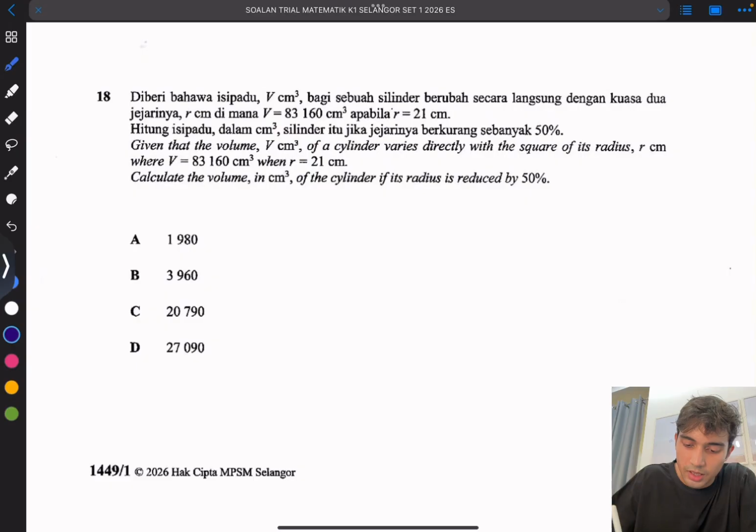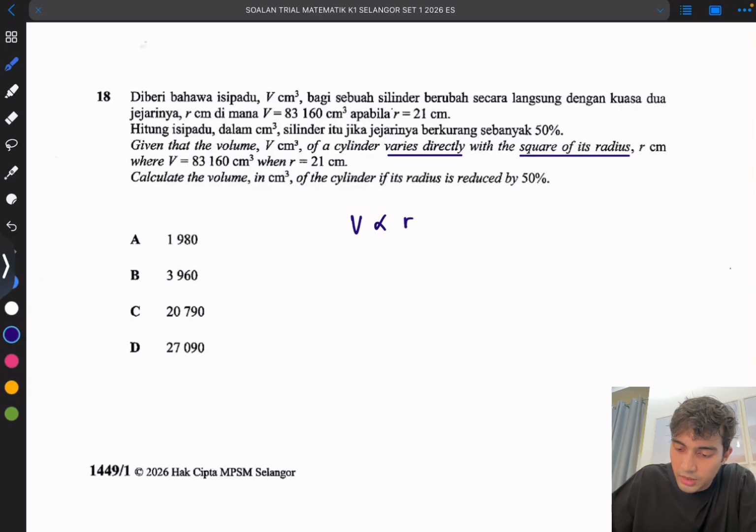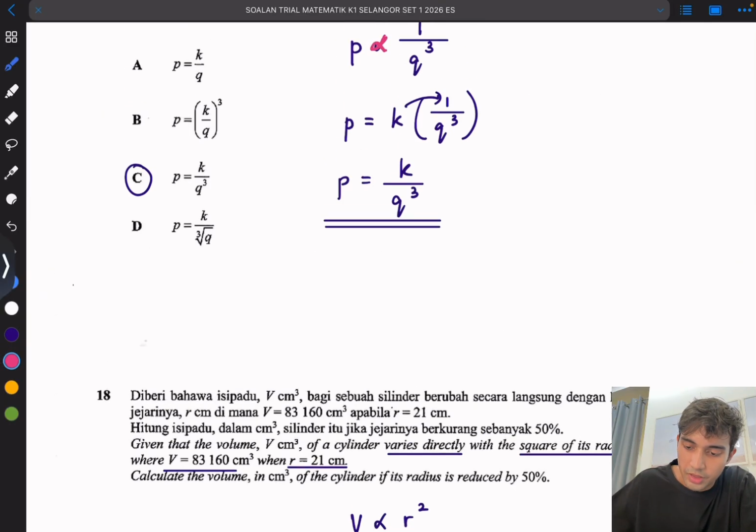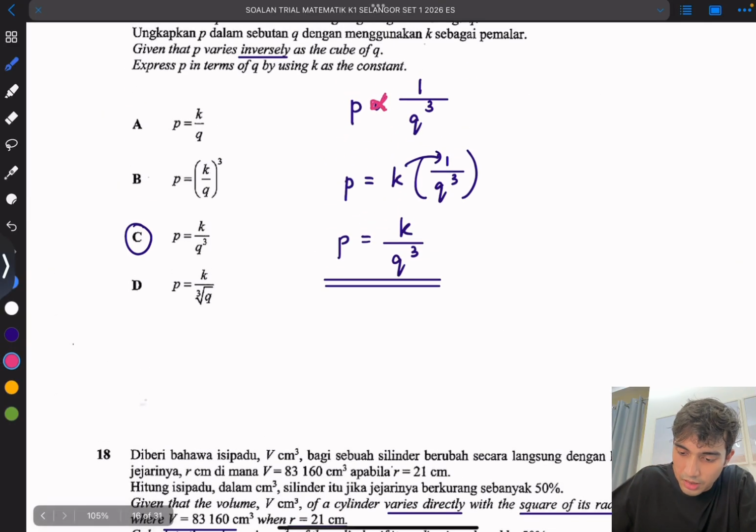Next, given that the volume of a cylinder varies directly as the square of its radius, so radius square, then they gave us a pair of values. We need to find the volume. The first step is the same as above. We need to change this symbol to equals to k.